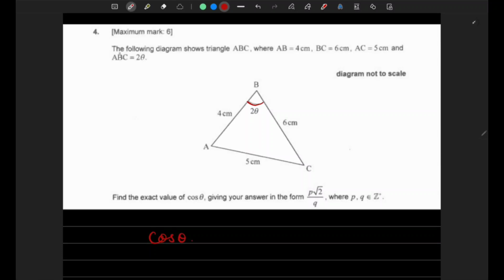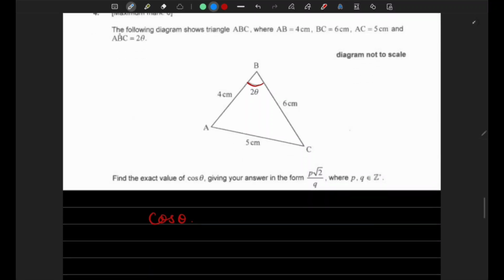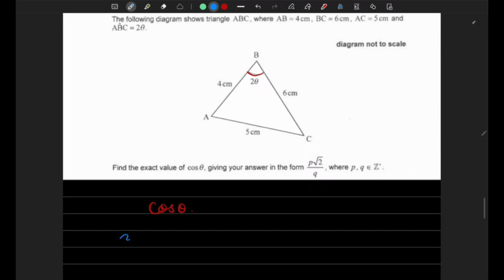Now we use the cosine formula, in which AC squared is equal to AB squared plus BC squared minus 2 into AB into BC into cos 2 theta.